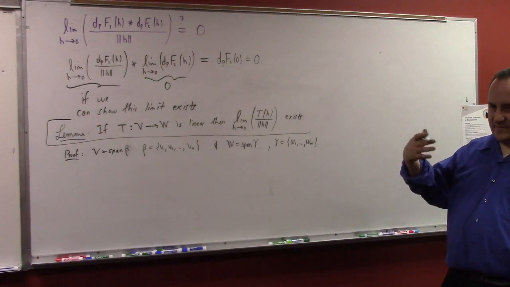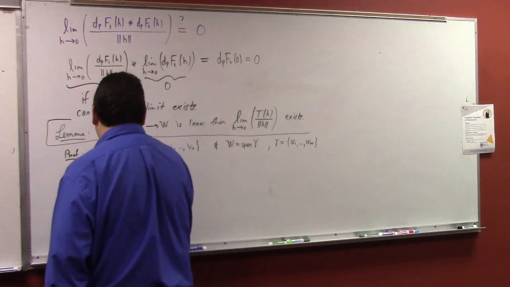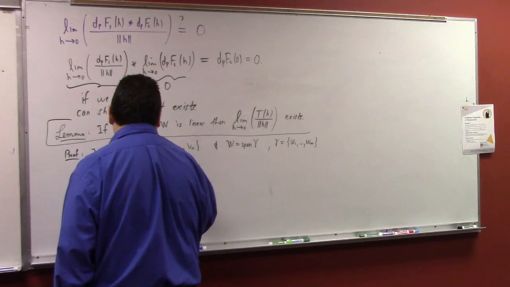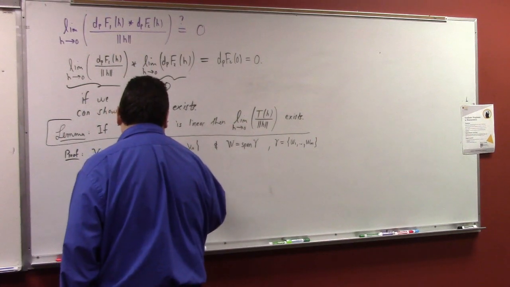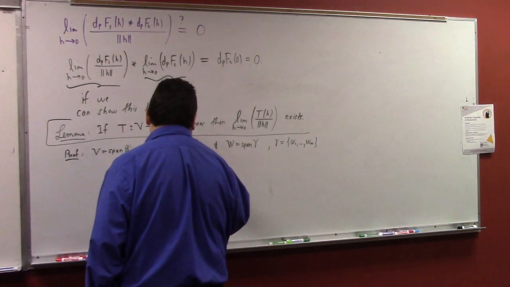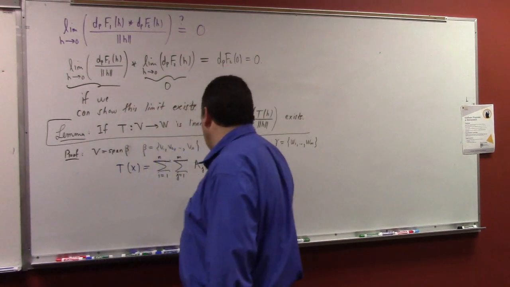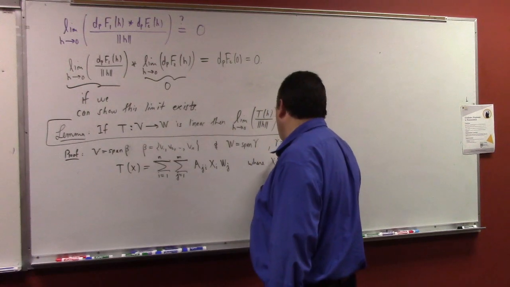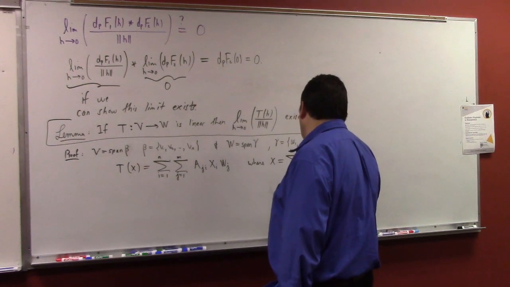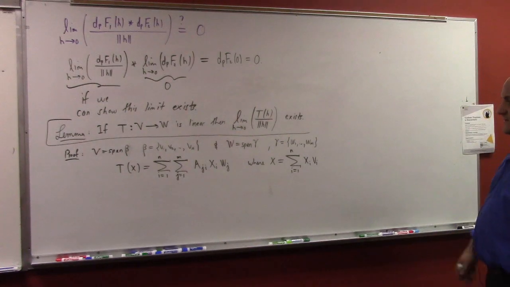I'm going to assume these are normalized bases to keep things nice. And we have a formula: T of x we can write as the sum i equals 1 to n, sum j equals 1 to m of a_ji x_i w_j, where x, of course, is the sum i equals 1 to n of x_i v_i. That's a formula for T since it's linear.